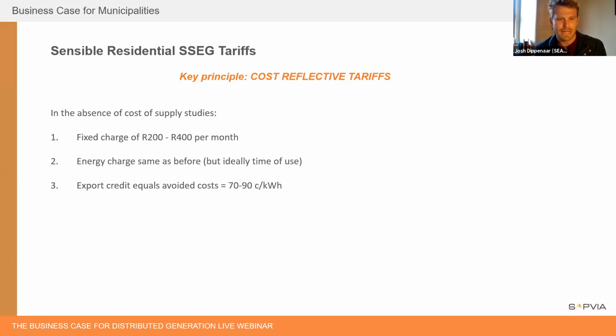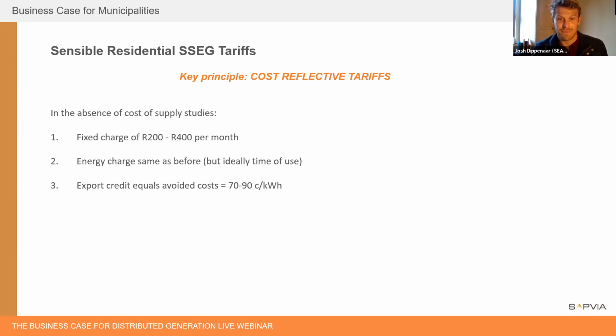And then the third point is the export credit should equal the avoided cost. So what would the municipality have paid for the electricity from Eskom? It makes sense that the municipality credits the customer to the same value, which is the avoided cost. And the avoided cost on the Megaflex tariff is somewhere between 70 and 90 cents.